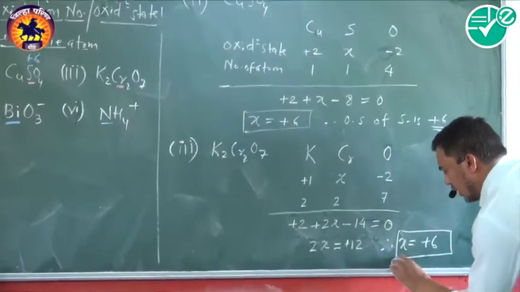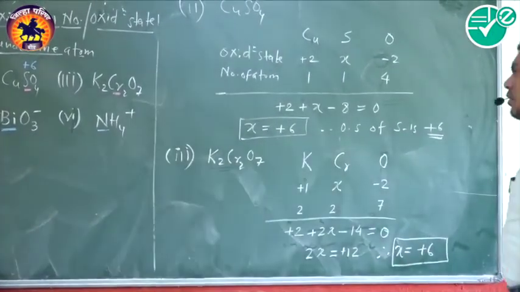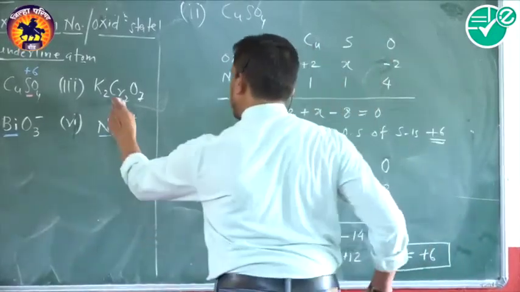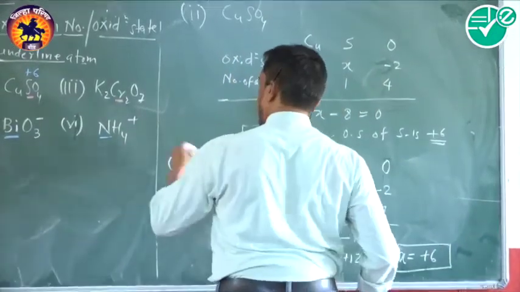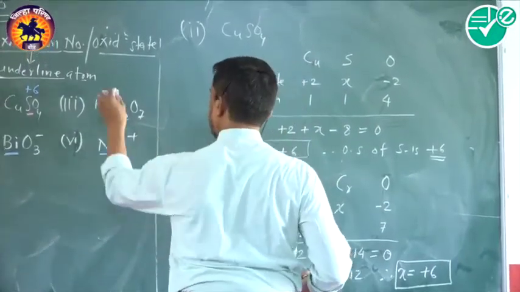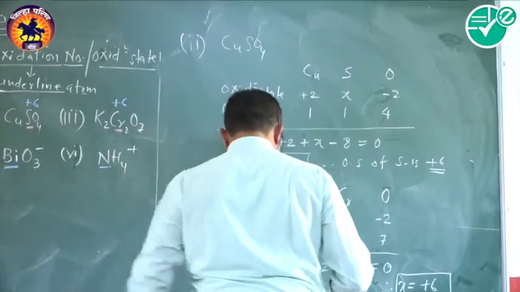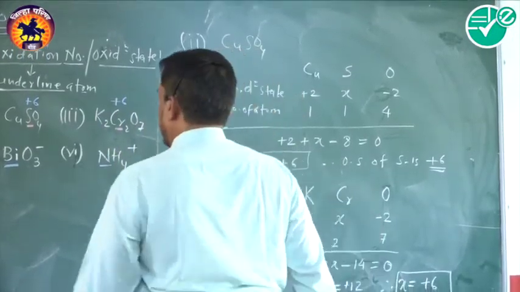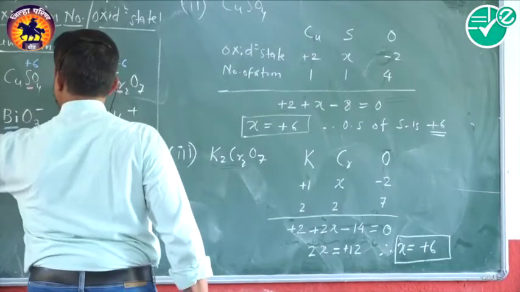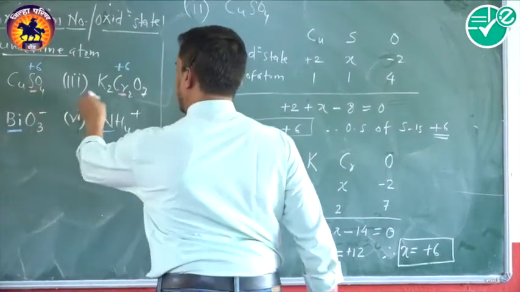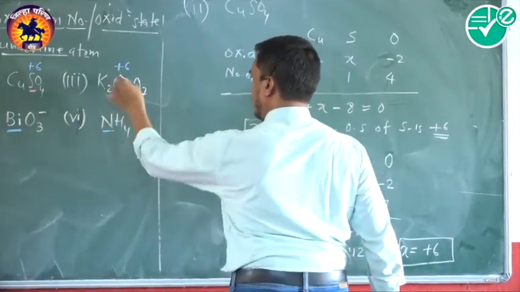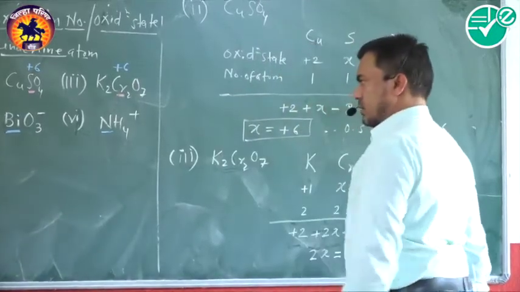Therefore, the oxidation state of chromium, which is underlined, is plus 6. Hence, the oxidation number of boron is plus 3, sulfur plus 6, and chromium in potassium dichromate is plus 6.